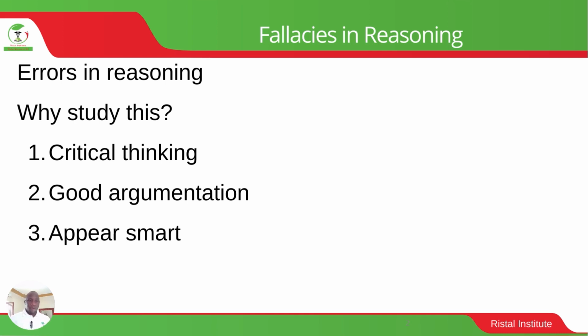So if you have the skills in detecting fallacious reasoning, then there are high chances that you can detect the reasoning that is actually effective, and everyone will be like, wow, you're smart, you understand what you're actually talking about. So understanding these fallacies is very, very key in making sure that you actually look smart.